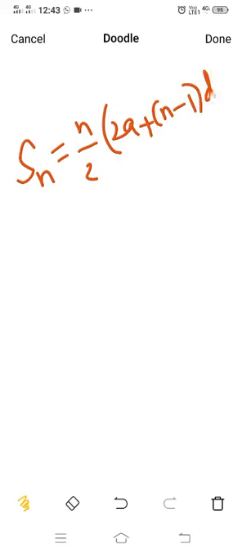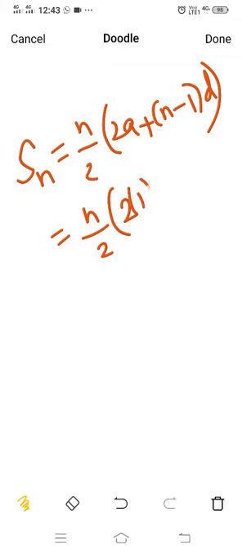The Sn formula is n by 2 into 2a plus n minus 1 into d. Here n you have to assume as n only, that only we have to find out. And what is the a value? The a value we got by using the elimination method is 1, plus n minus 1 into the value of d, which we got as 2.